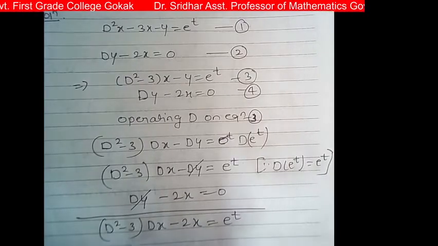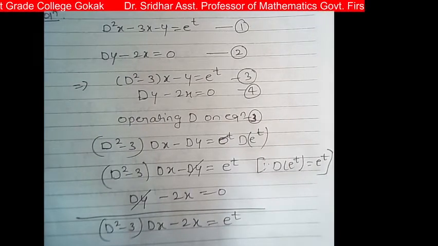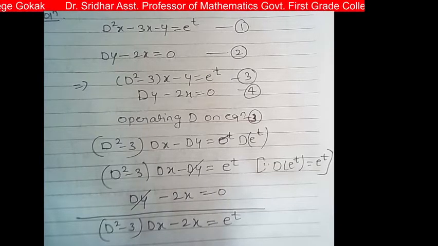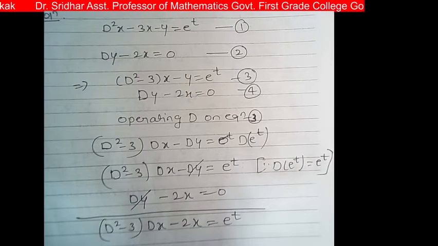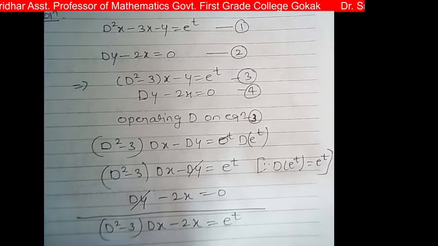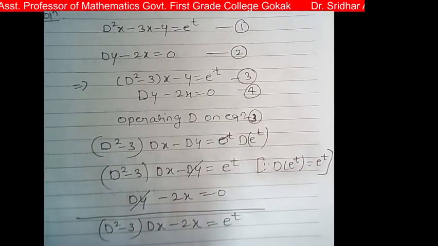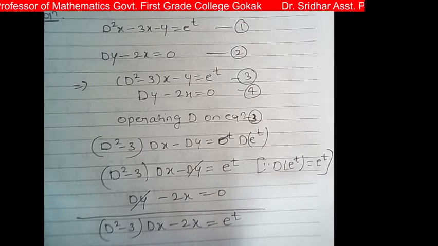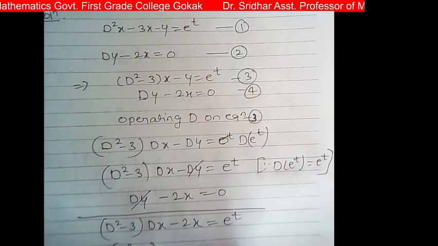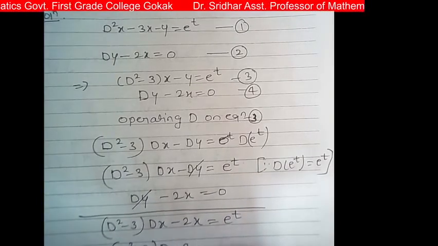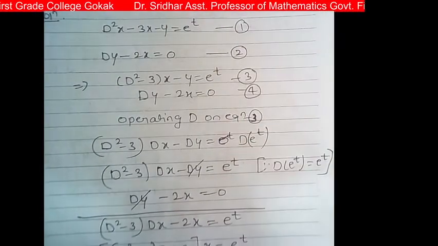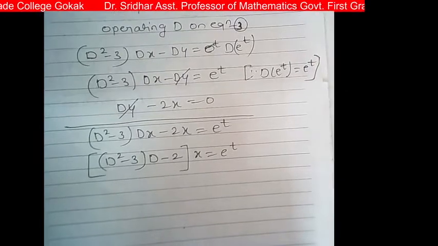Okay, so now simplify this equation. Taking x common from these two, we get D squared minus 3D minus 2, taking x common, x is equal to e raised to t.